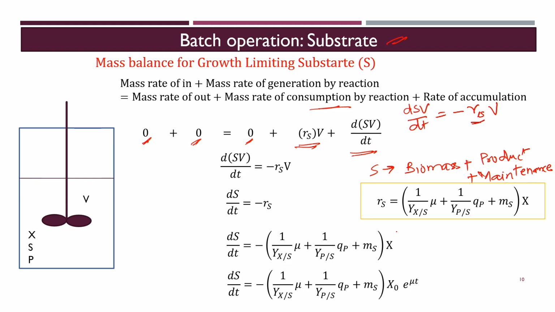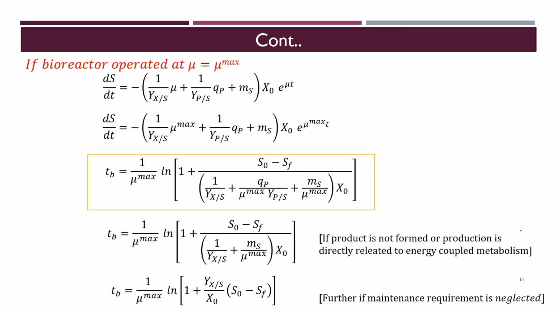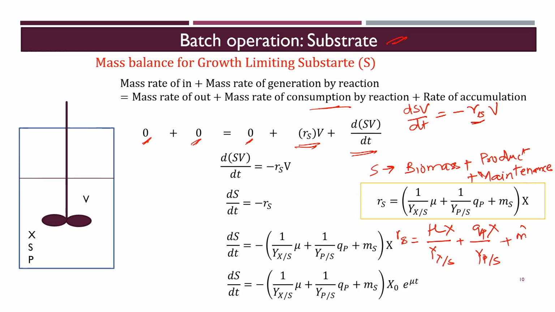So RS is written as: mu x, the rate of biomass, divided by the yield of biomass from the substrate, Yx/s. Similarly, Qp into x, the rate of product formation, divided by Yp/s. Similarly, ms, the maintenance coefficient, into x. So this is RS, the rate of substrate utilization.